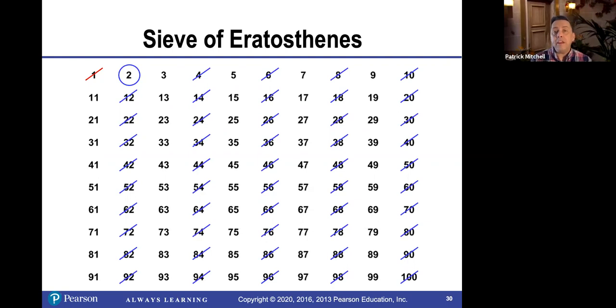We know that 2 is prime, but multiples of 2 are not prime because they have a divisor 2, right? Now we'll do the same thing with 3. We will circle the number 3 and we will cross out all multiples of 3 that are not already crossed out. So for example, keep your eye on the numbers 9, 15, 21. Okay, they just got crossed out. All the odd multiples of 3, because the even multiples of 3 were already crossed out.